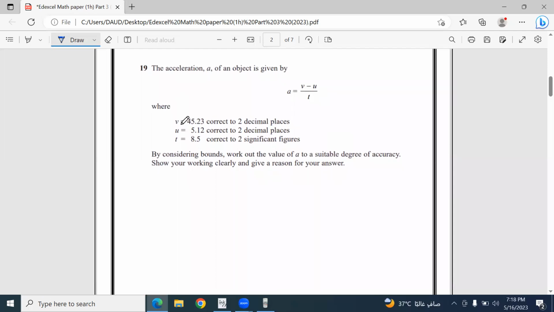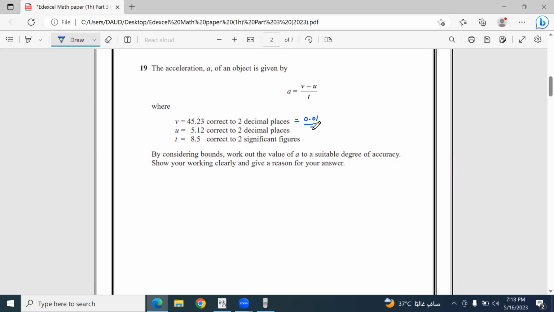If you check carefully, v is equal to 45.23, correct to 2 decimal places. So for 2 decimal places, we can say that the degree of accuracy is 0.01. In general, we always take half of the degree of accuracy.